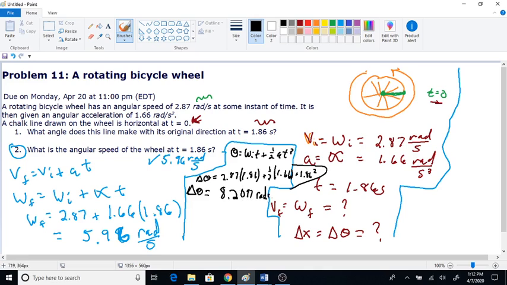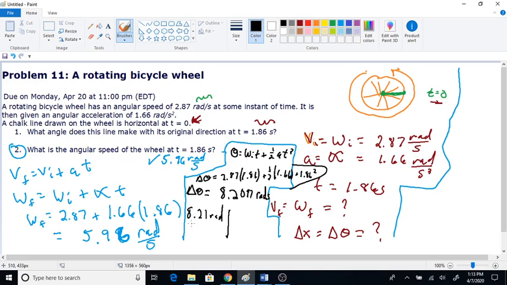So this thing went through 8.2097 radians, or 8.21 radians almost. They want to know in relation to this, but every trip around we're back to square one, right? To me, the easiest thing to do would be to convert the radians to revolutions, and then it might make more sense. I'm going to call this 8.21 if you don't mind.